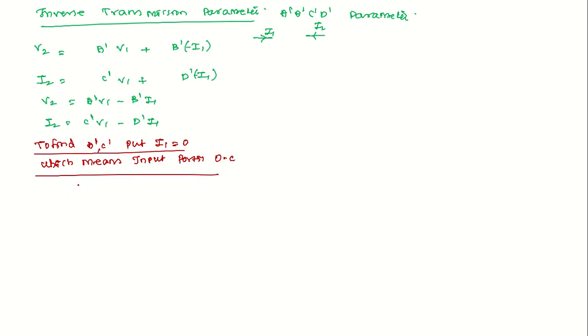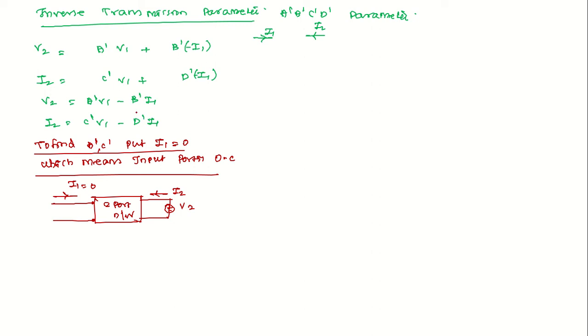When you open circuit the input port, in this two port network, your input side will be open circuited, which means I1 is equal to 0, but you will have the voltage plus and minus, which is called V2, and the current is called I2.